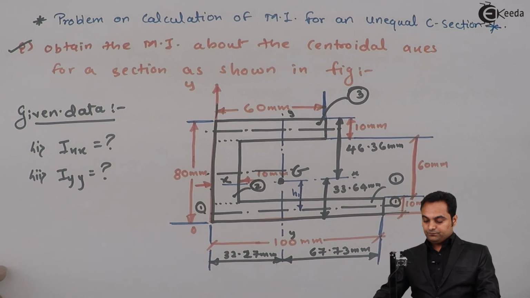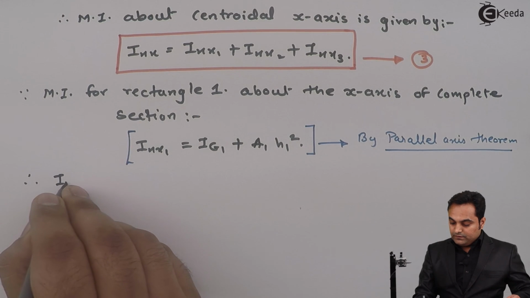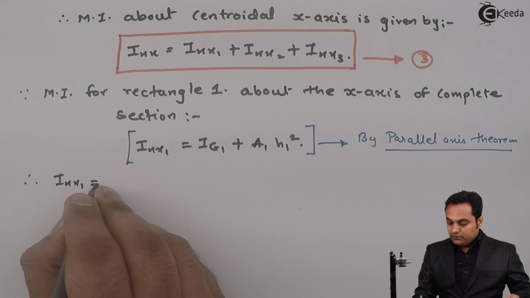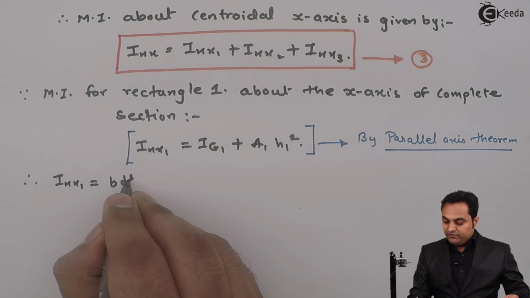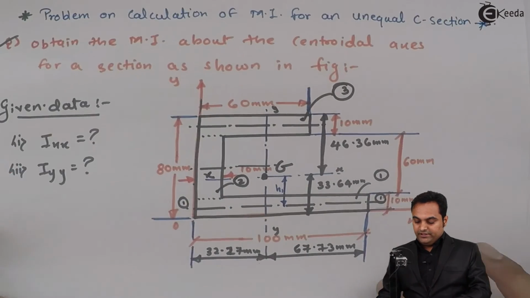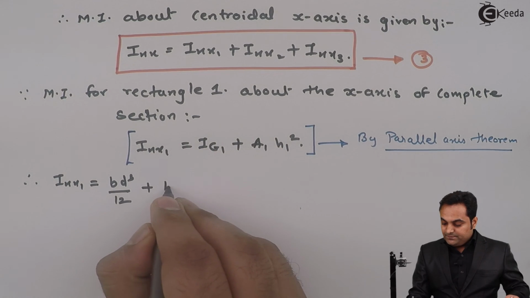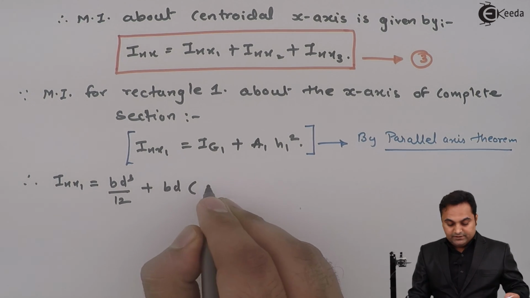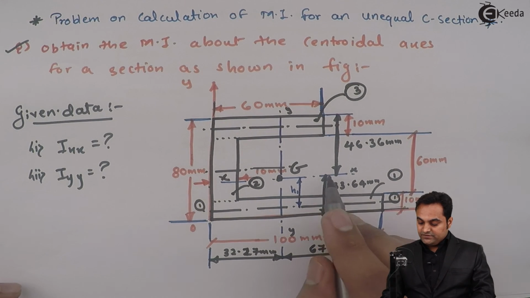So now I'll say that therefore Ixx1 will be equal to Ig1 is BD cube by 12, because it is the horizontal axis about which we are calculating the moment of inertia, plus area 1 is B into D, and here H1 can be seen here, 33.64.